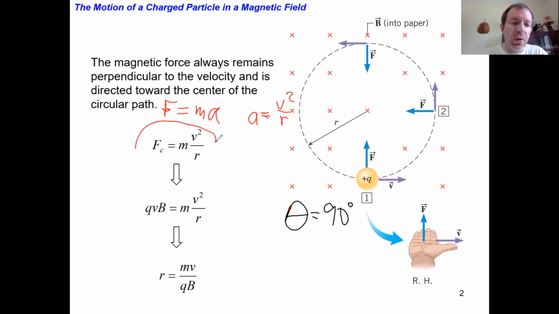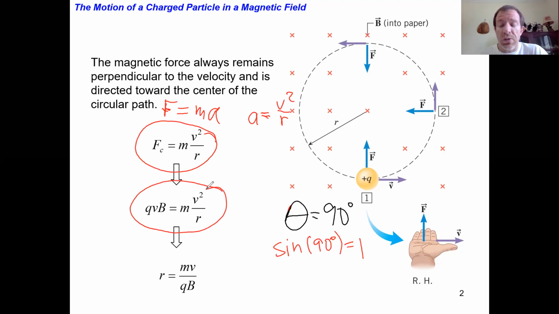So we'll plug that in for acceleration, and we get this expression right there. We know the force is equal to QVB sine theta. If I've got theta equal to 90 degrees, the sine of 90 degrees is 1, so that sine of theta just disappears. I end up with QVB equal to mv squared over r, and I can rearrange this to solve for the radius of curvature.